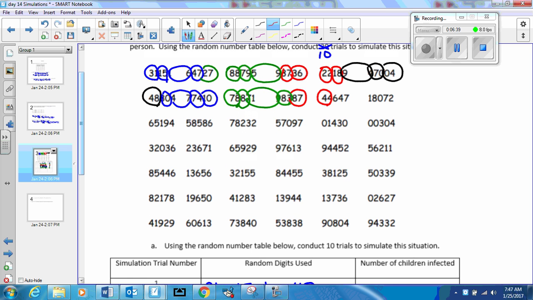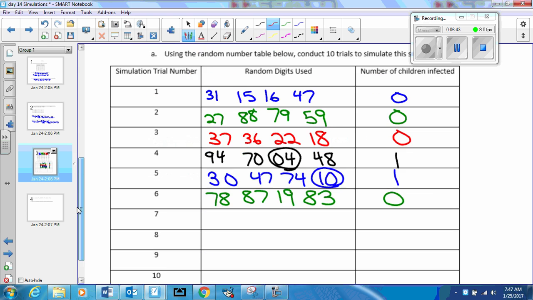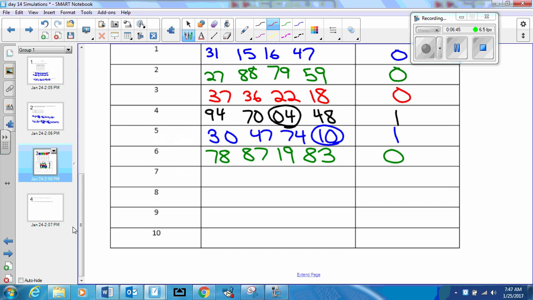Next, 87, 44, 64, 71. I'm just trying to remember what numbers those were. Okay, 87, 44, 64, and 71. No children are affected.